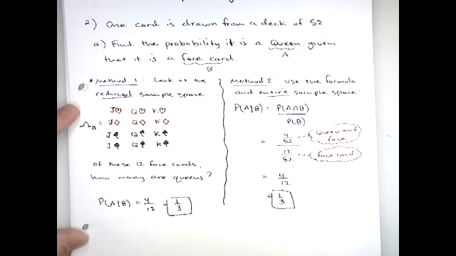Now, if we want to use the formula that we just talked about, then we do want to use the entire sample space, not the reduced sample space. So the probability of A given B is the probability of A and B divided by the probability of B. What's the probability of A and B? That's the probability of getting both a queen and a face card.